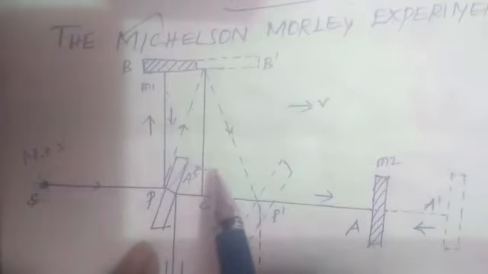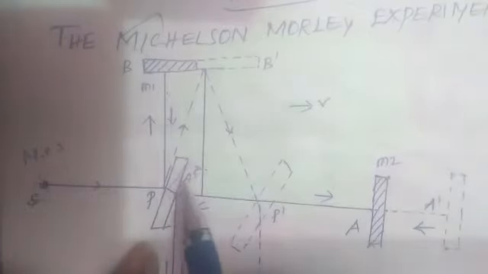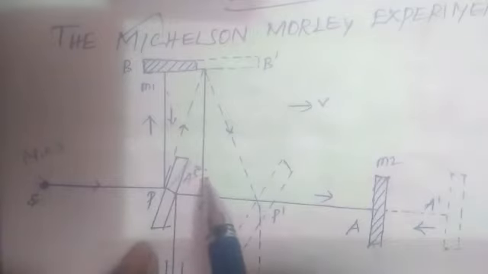The incident beam is split up into two parts by P in the figure.